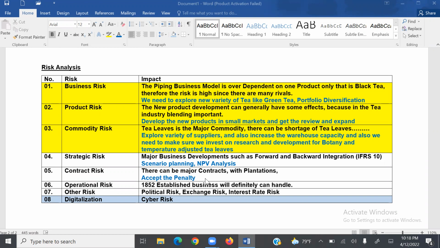Also, I don't know about the price risk, since they are all price takers, taking price according to the auction market. Correct. Is it also relevant? It is relevant. Correct. The thing is, there can be a situation of the flavors being different, but the blenders have the idea of how to manage the taste. Okay, sir. Thank you.